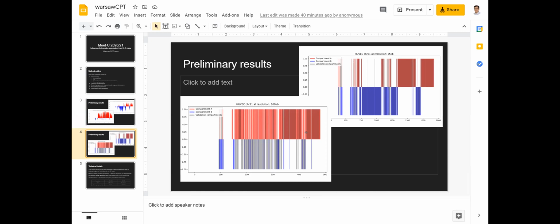So as we can see, the resolution of 100 kilobases varied a lot from this data, and the high resolution of 25 kilobases appears almost identical.